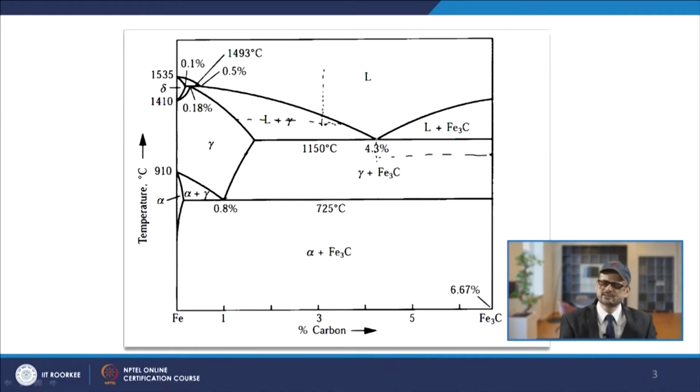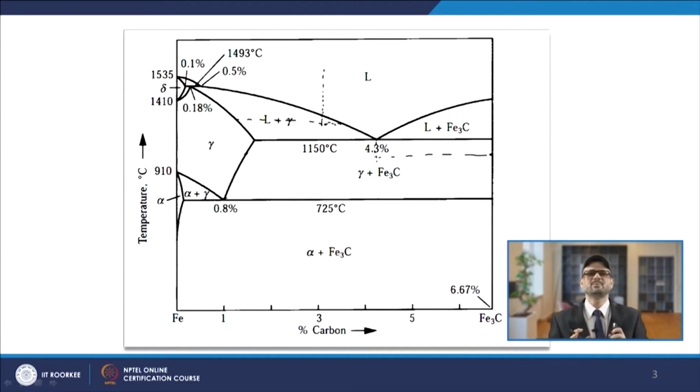Now, we have understood that when we take carbon more than 2%, we normally call it a variety of cast iron. In the case of cast iron, the carbon we see is normally in the form of graphite. When you are cooling in a slow manner, graphite is a stable structure, and Fe3C is metastable.